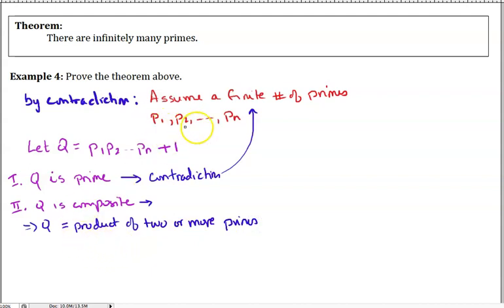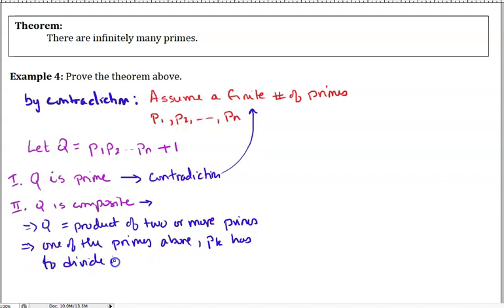And since P1, P2, through Pn are the only primes in our world, then one of those P's has to divide into Q. So one of the primes above, call it pk, has to divide into Q.